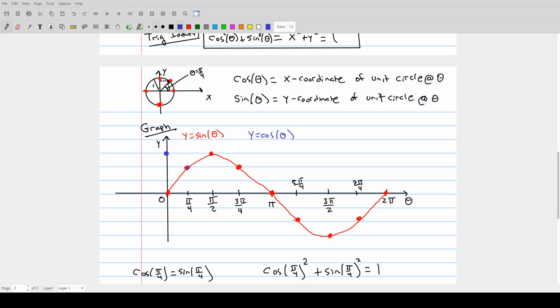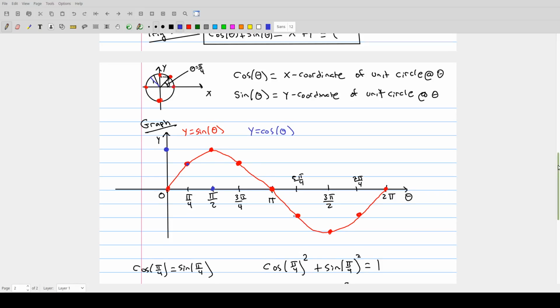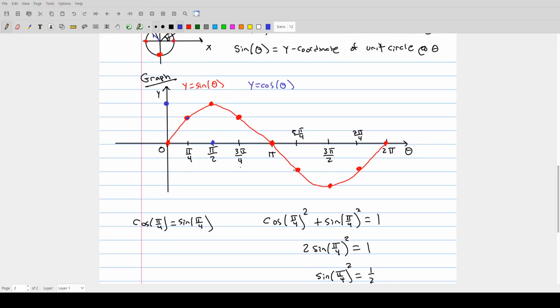The cosine function at pi over 2, or 90 degrees, is 0. The cosine function at 3 pi over 4, or this angle right here, is going to be negative 1 over root 2. Cosine function at pi, or at this point right here, is -1.